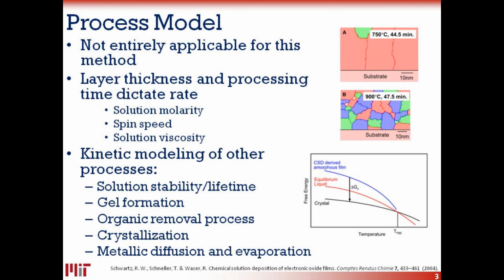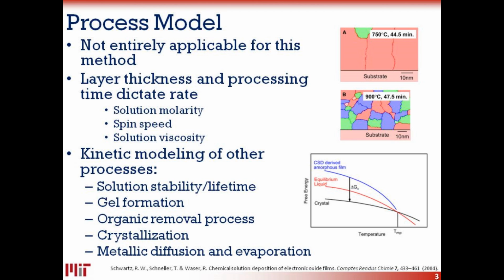However, there are a lot of other processes that need to be modeled and have been modeled in these systems. Looking at your upper right, you can see two different nucleation behaviors. What caused this is going to different crystallization temperatures very quickly, which alters the driving force, shown in the lower right.